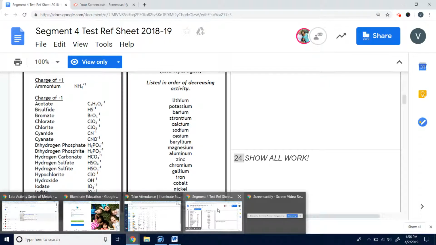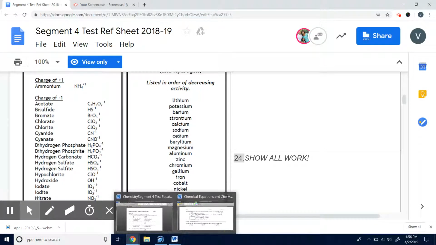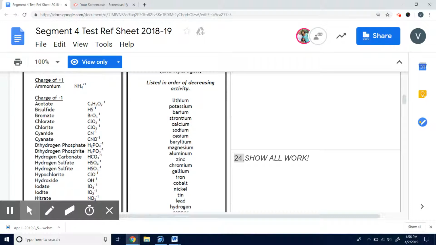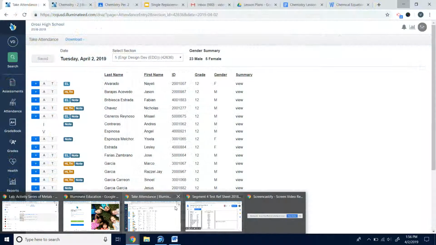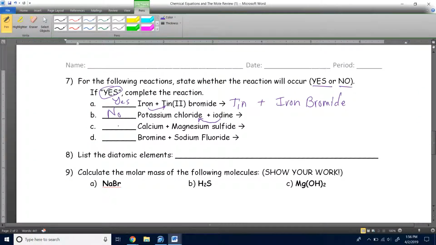Is calcium stronger than magnesium? Calcium is indeed stronger than magnesium. So we go back to our response here, and we say yes, it is stronger. Calcium kicks out magnesium and makes magnesium hang out by itself.